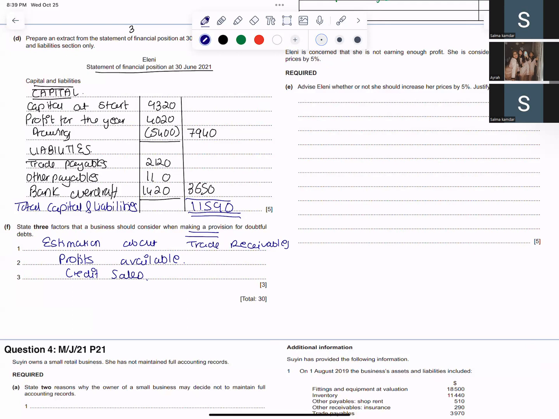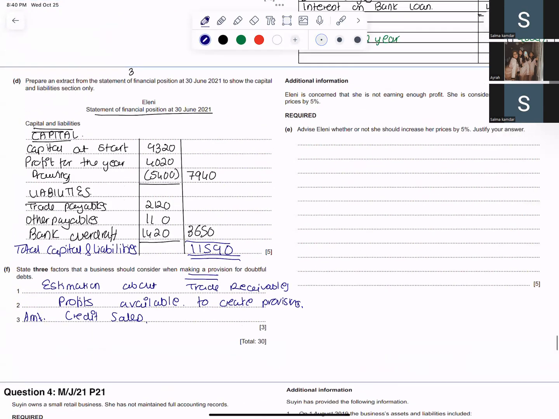So three factors that you consider are your estimation about your trade receivables, how good your trade receivables are, the profits available to create provisions, and the amount of credit sales that you have. Okay, next question, next part.